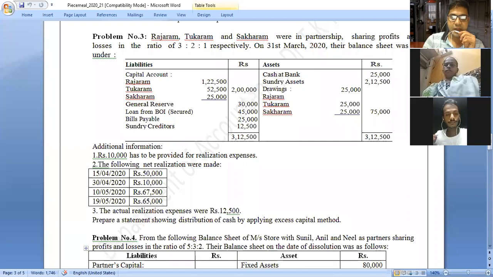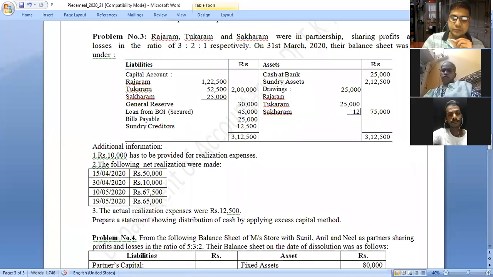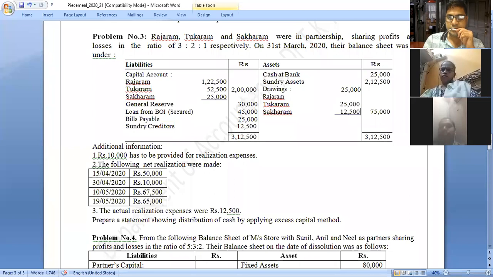Now here Sakaram's drawing was 12,500, that you have to rectify. In our question, Sakaram's drawing is 12,500, that you have to change. Okay, so this drawing we recorded and we deducted from the capital balances.